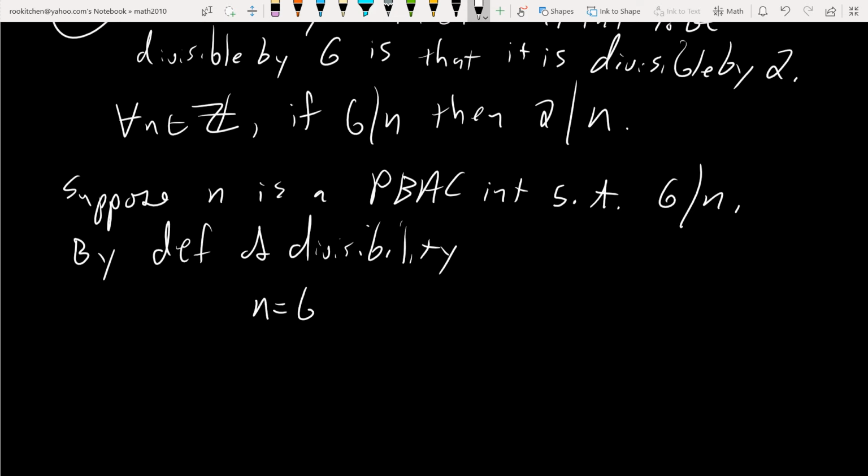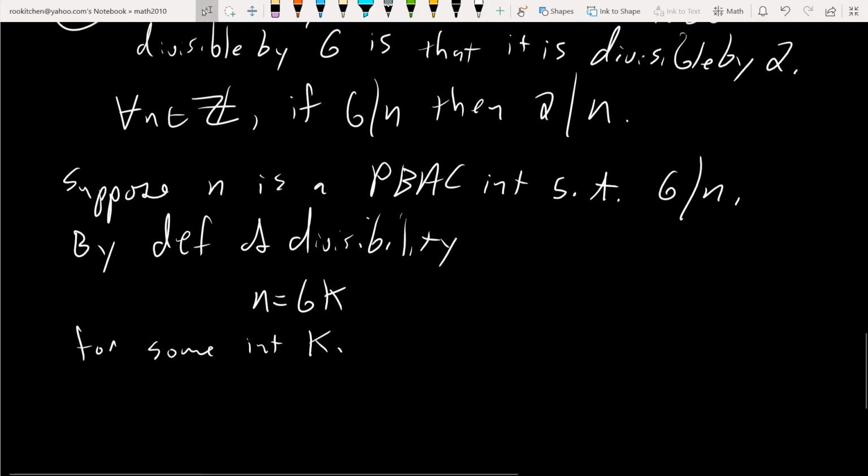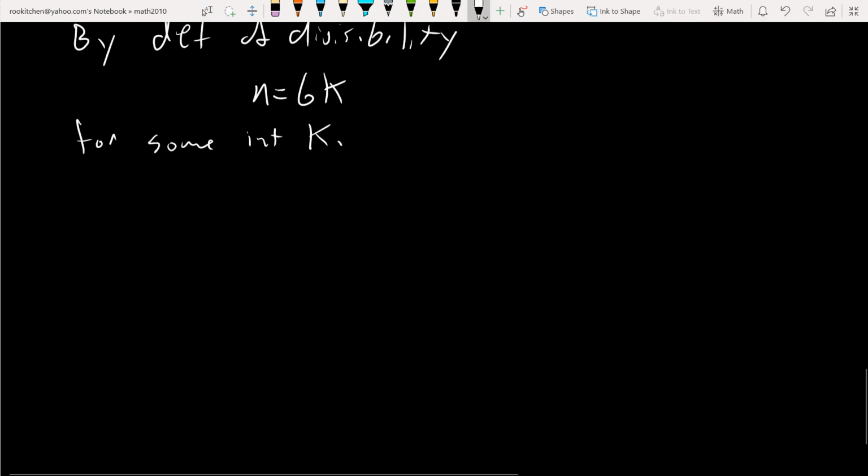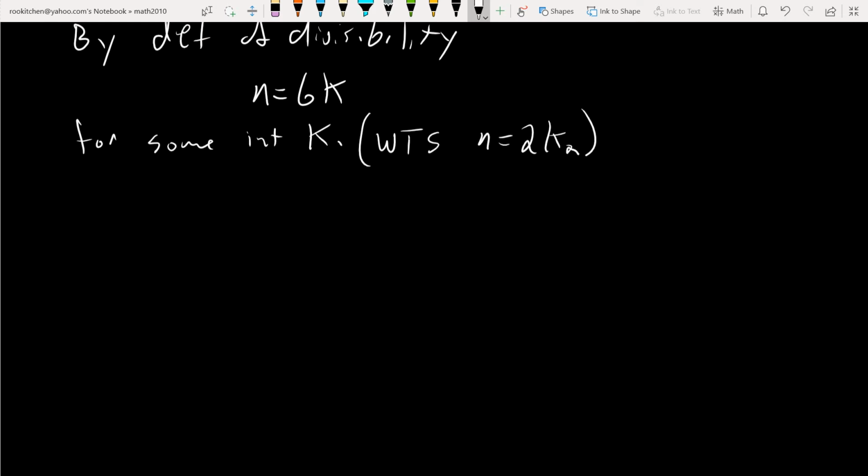N will equal 6 times k for some integer k. And from there we can play around a bit. What we want to show, maybe we should remind our reader, is that n is equal to 2 times some other integer.